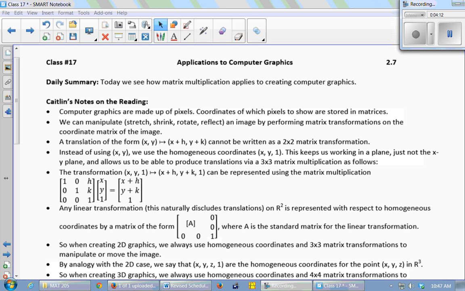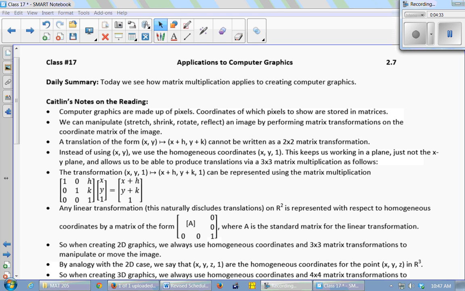So instead of using (x, y), we use homogeneous coordinates (x, y, 1). This keeps us working in a plane. It's just not the xy plane; it's 1 unit above the xy plane. And it allows us to produce transformations via a 3x3 matrix multiplication.